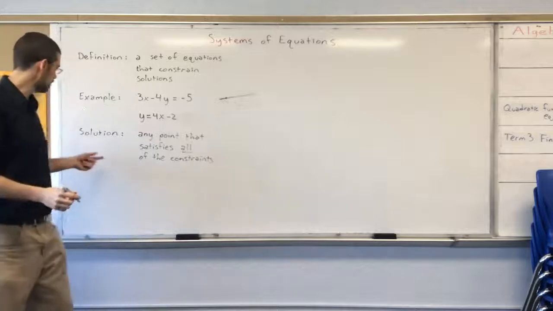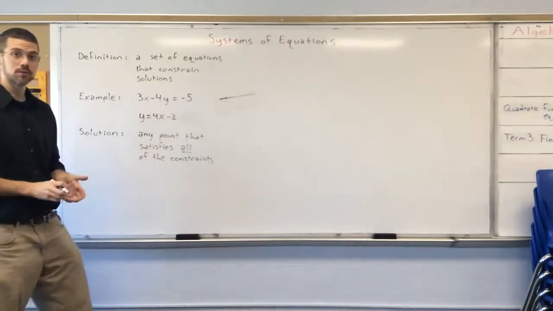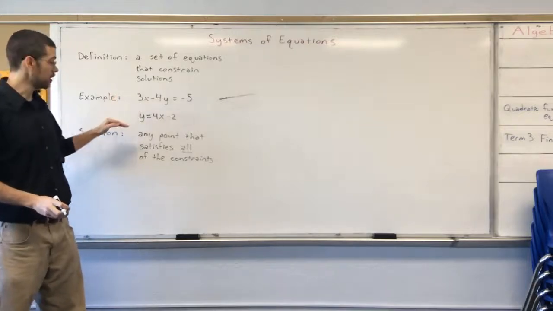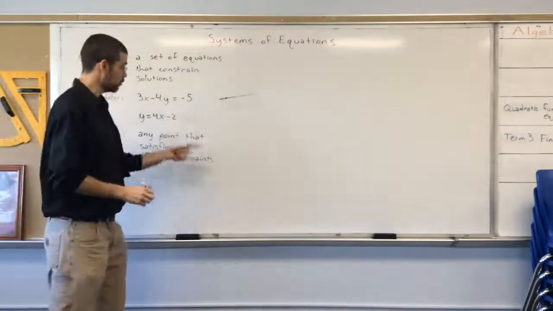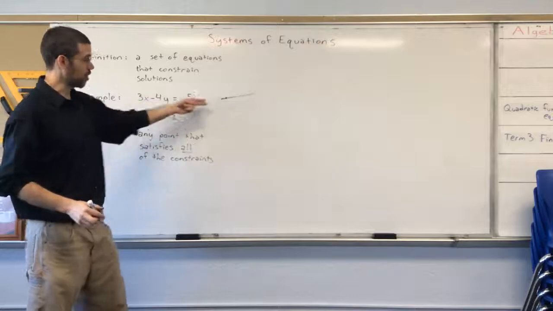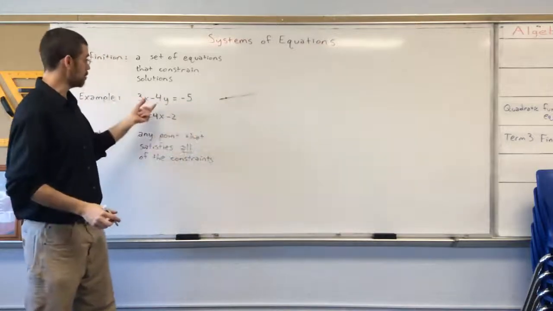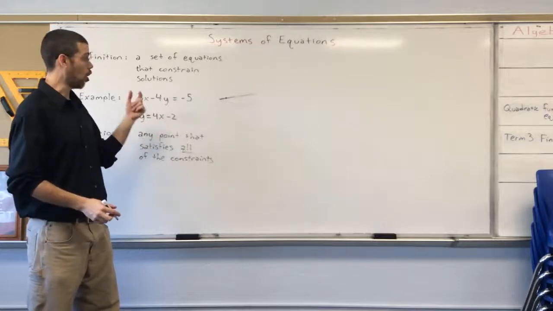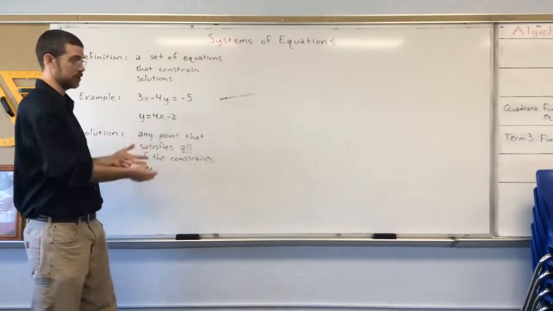Another way to put that is that a solution is going to be a true solution of each of the equations in your system. Okay? So if you have two lines that are actually the same line, then any point on one of those is also a point on the other, and all of those points would be solutions to the system.